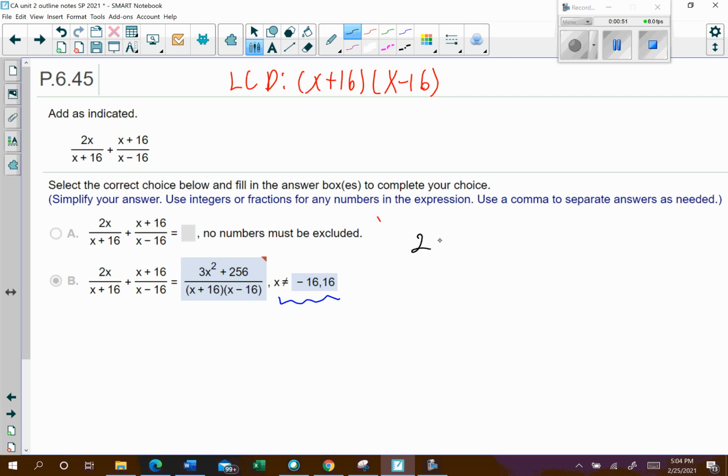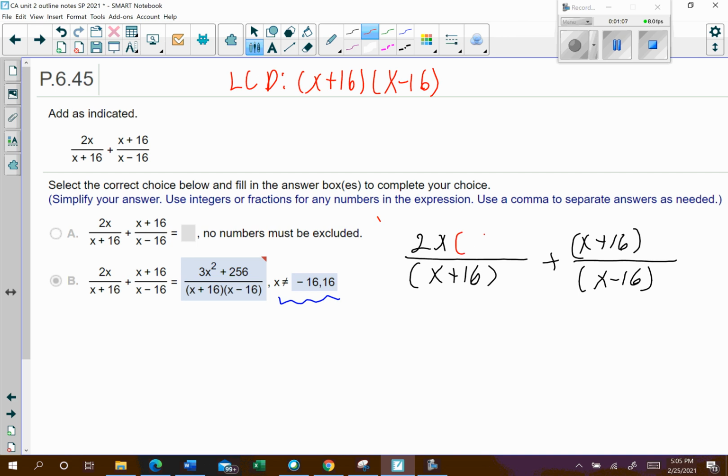We start out with 2x over x plus 16, and then plus x plus 16 over x minus 16. The first one we have to introduce is the x minus 16, and you have to do it on the bottom also. And then on top, we're going to have to introduce x plus 16, x plus 16, okay? Now we have that common denominator.